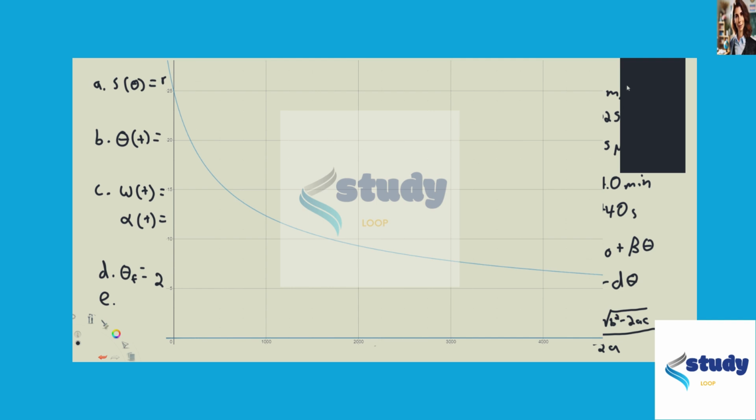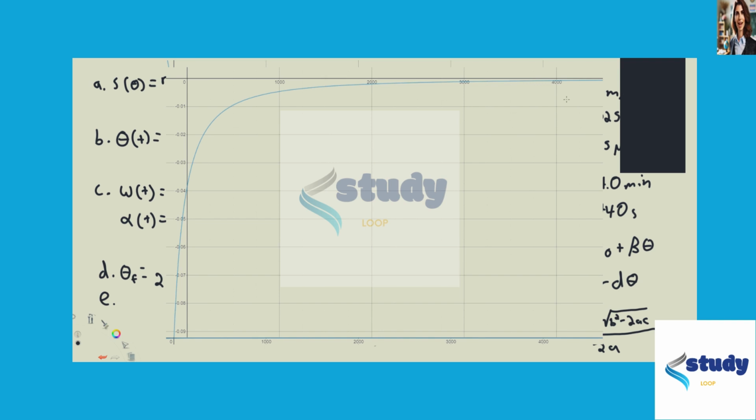Okay, and then our acceleration, as you can see, it's negative because it's going the same velocity the whole time, but the radius is increasing. The amount of distance it's going over is getting bigger, so the rotations are slowing down.